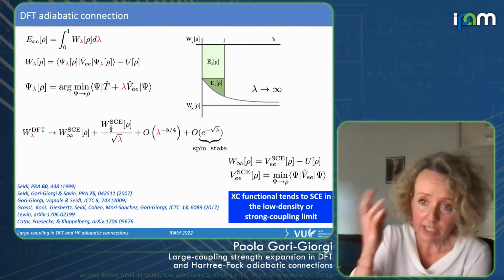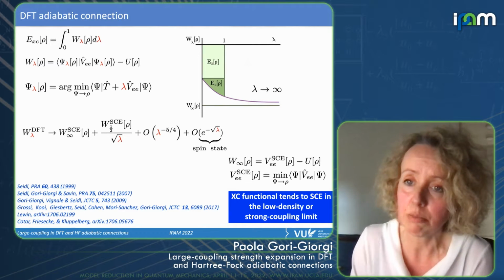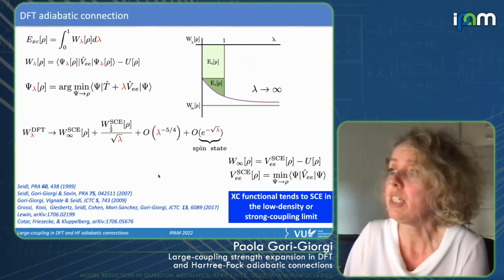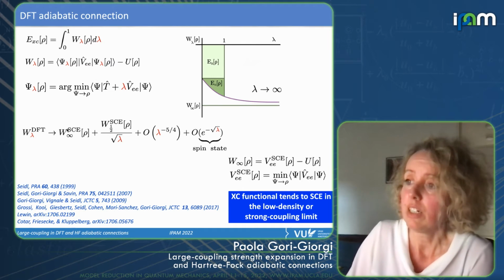Okay, so let me quickly review the DFT one, which, as said, partly was treated by Gero Friesecke, and then I want to focus more on maybe the Hartree-Fock. Okay, so for the DFT, we know nowadays a lot.